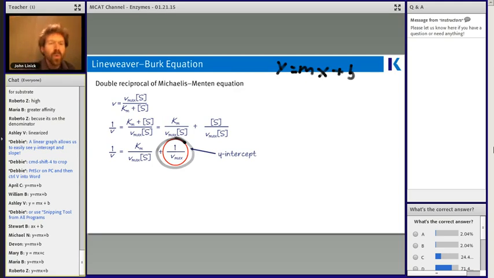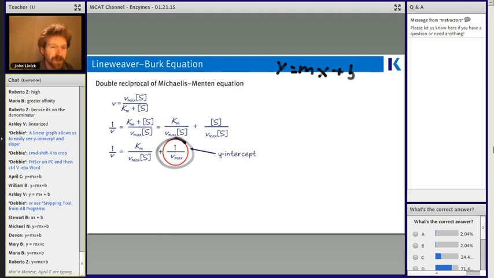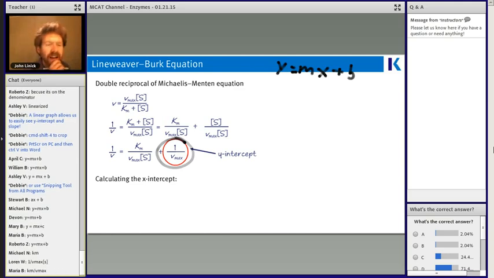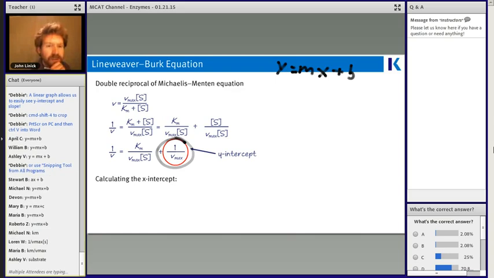So then, what would your slope be here then? What would slope refer to? I guess we need to see what the axis is. So what's your x-axis if we do the double reciprocal?